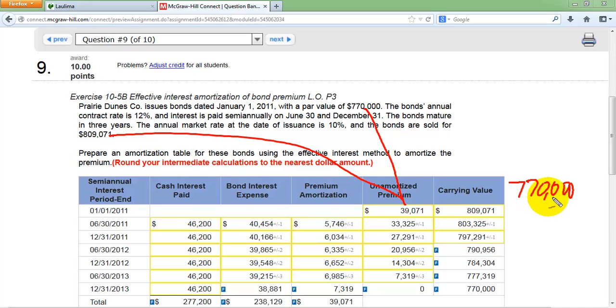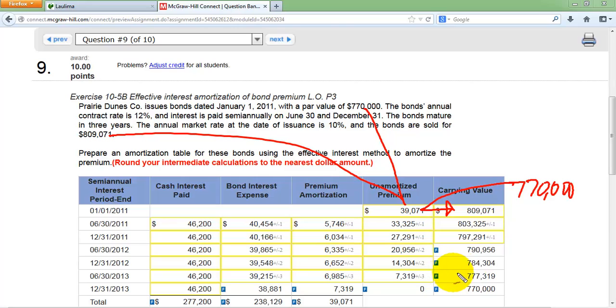Now if we got less than the par value, the difference would be called a discount, like we saw back in problem number 7. So this carrying value is equal to the par, the bond payable face value, plus the premium. And every 6 months, every interest payment period, we're going to amortize this premium, reduce it.